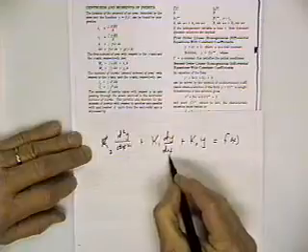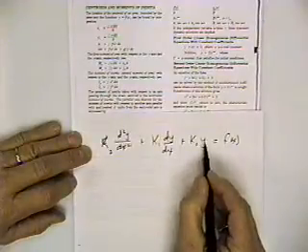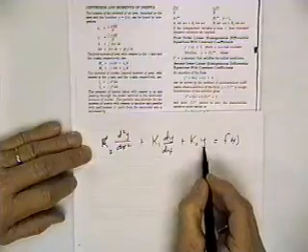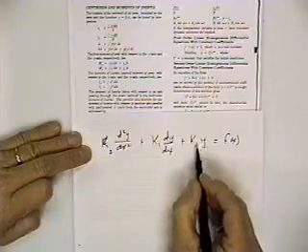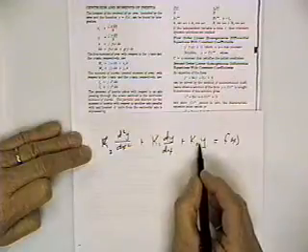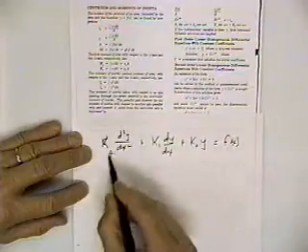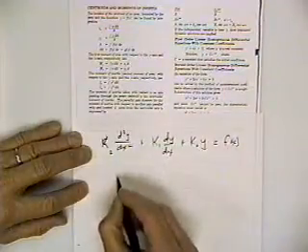X is the independent variable. Y is the dependent variable. You tell me the value of x, and I will tell you the value of y. Y is dependent on what you tell me the value of x is. But this is the general form for these.